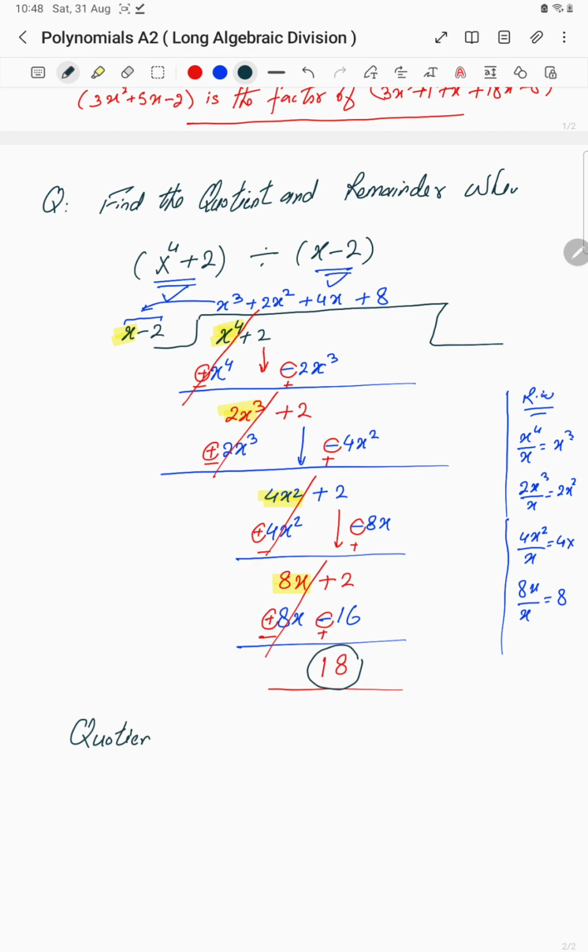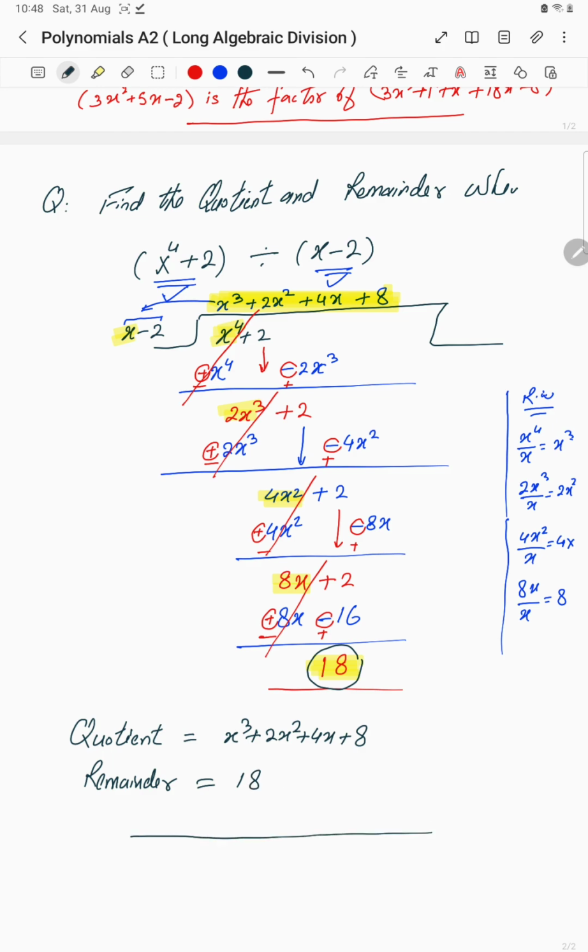So the quotient is x cube plus 2x square plus 4x plus 8. This whole expression is our quotient, and the remainder is 18. I hope it is clear.